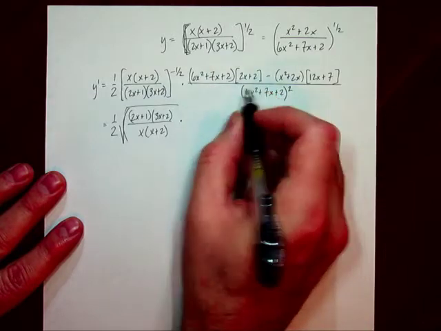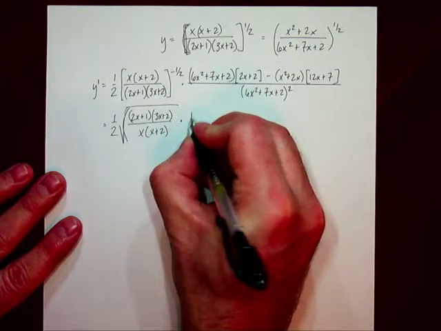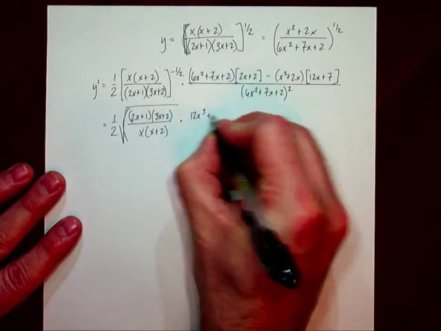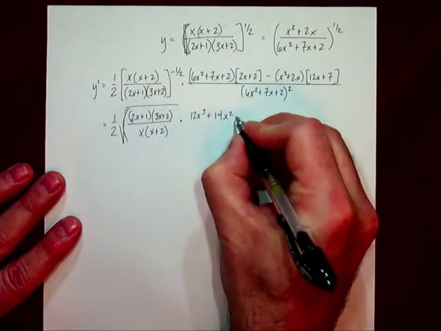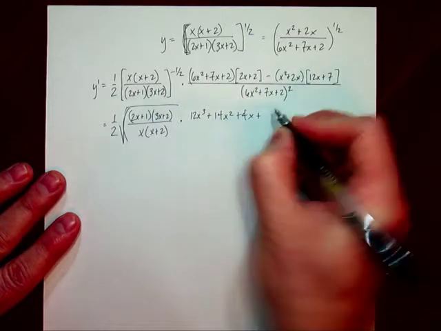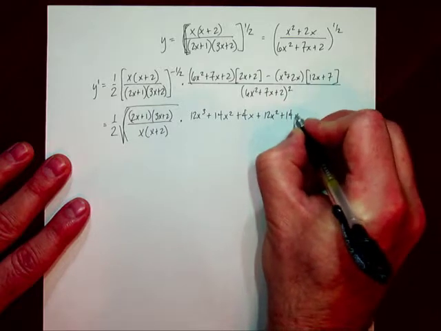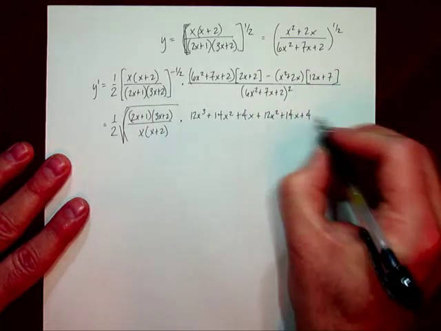I'm going to have to basically multiply this binomial by this trinomial, which of course nobody enjoys doing. Well, I mean, some people probably do. Plus 12x squared plus 14x plus 4, and see, I'm already running out of room.